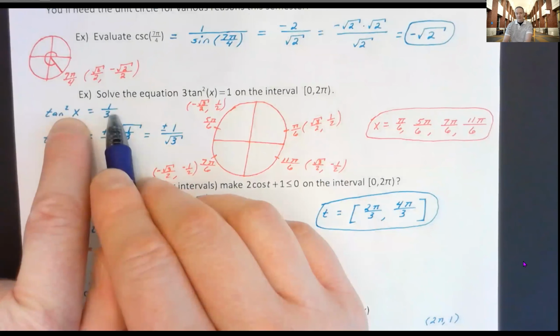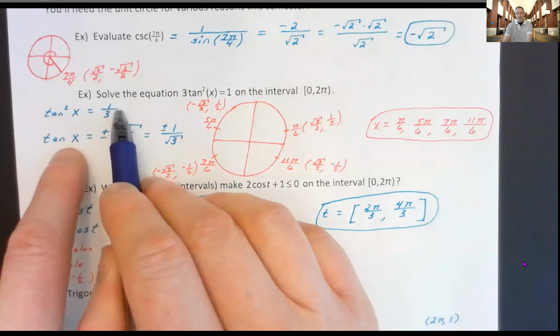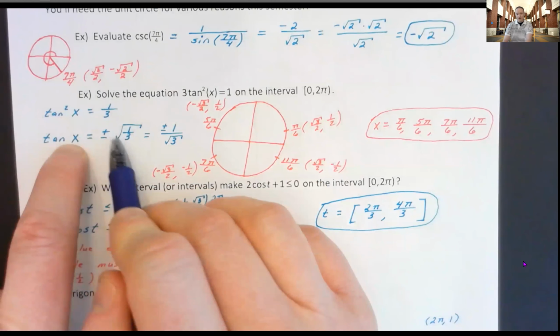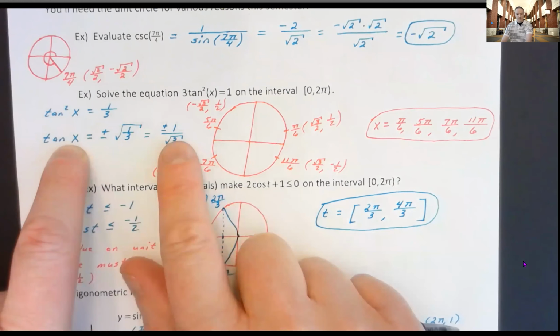Now, to solve for my trig function, I need to take the square root of both sides. So the tangent of x is equal to the positive or negative square root of 1/3. That gives me plus or minus 1 divided by the root of 3.